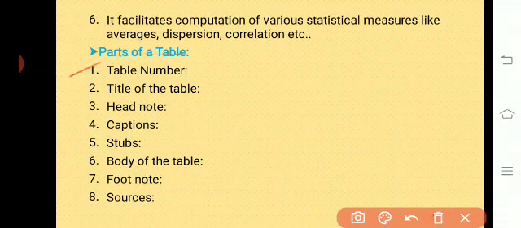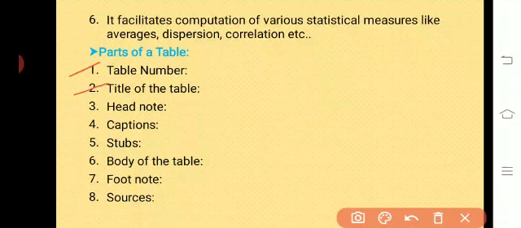Usually the table number is written at the right hand corner at the top of the table. Then the second part of a table is title of the table. A title should be given to the table. The title should indicate, in short, the content of the table, which will be written at the top in bold letters.